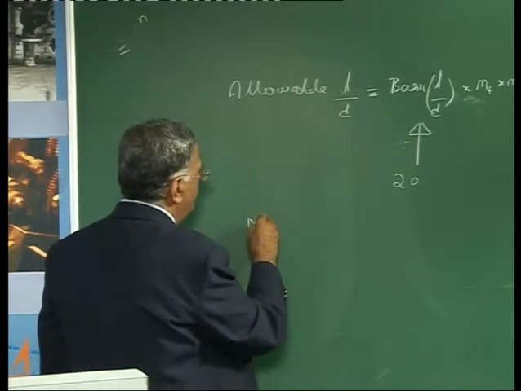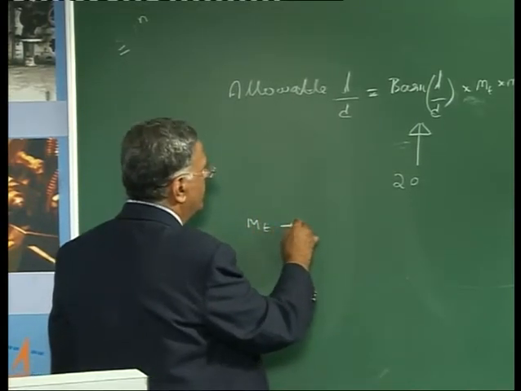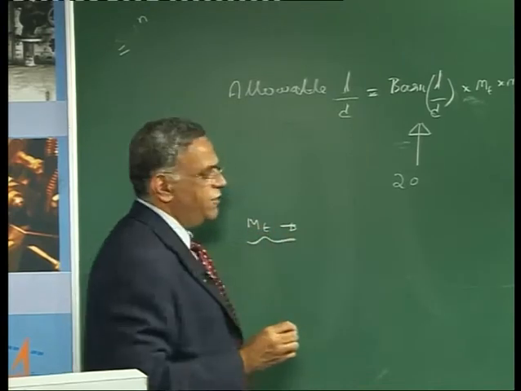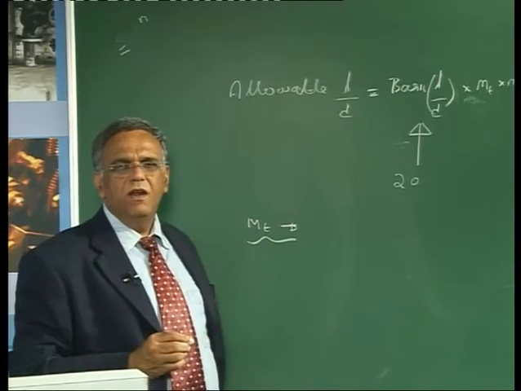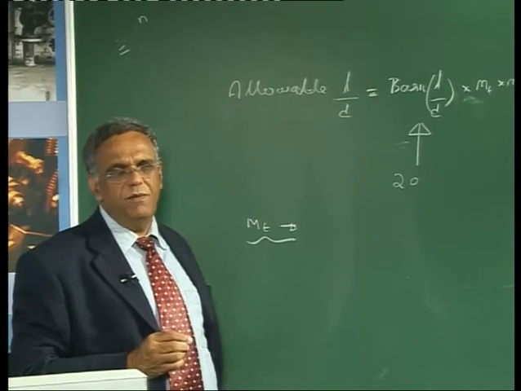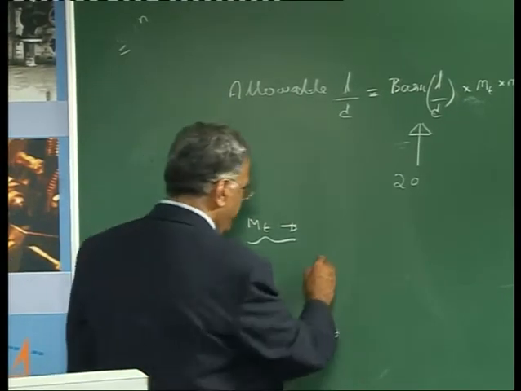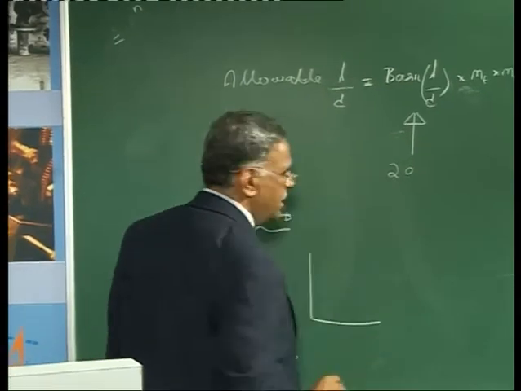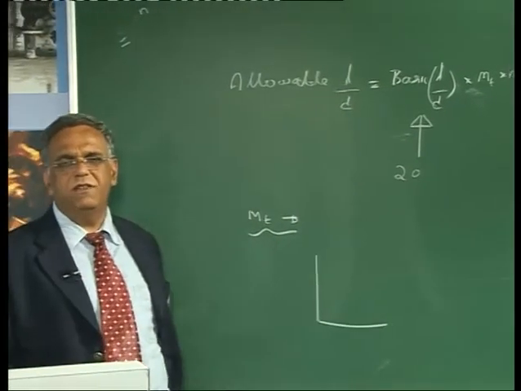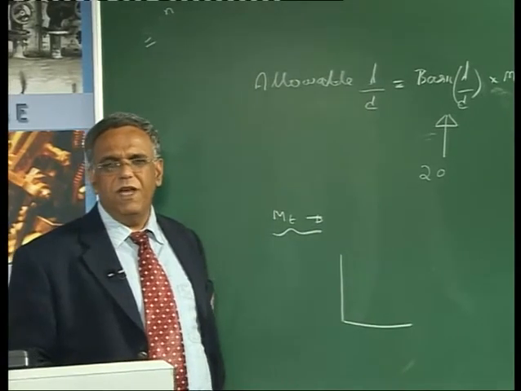Then you have to get the value of MT. One has to refer to figure number 3 to arrive at the value of MT. Please open figure number 3 of the code.